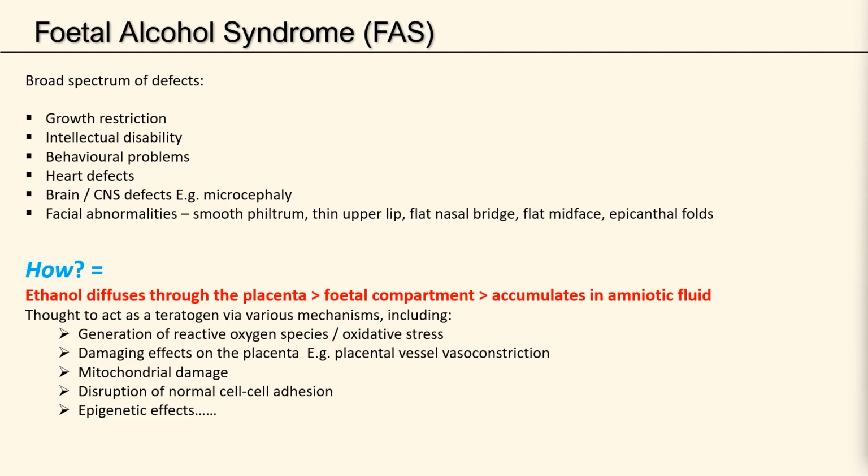Similarly, when we talked about those reactive oxygen species, we could damage the mitochondria, and this can lead to premature cell death. We can also see a disruption of cell-to-cell adhesion, which again can lead to premature cell death. It can also have some epigenetic effects, and that is fetal alcohol syndrome.